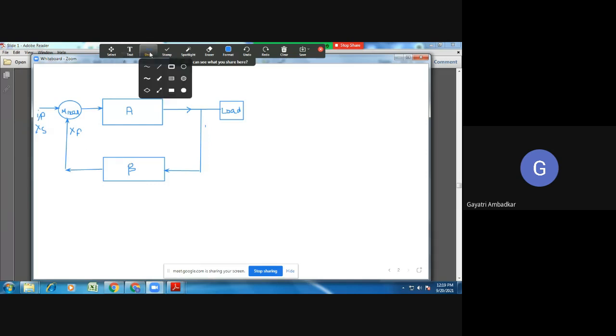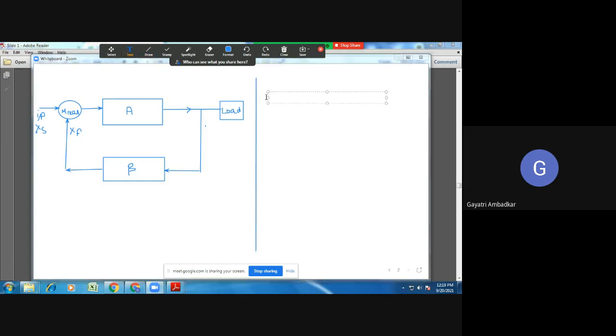Suppose I am writing here two important cases, and we will be talking about two very important definitions: positive feedback and negative feedback. So first, let's see what a positive feedback is. There are two types of feedback.